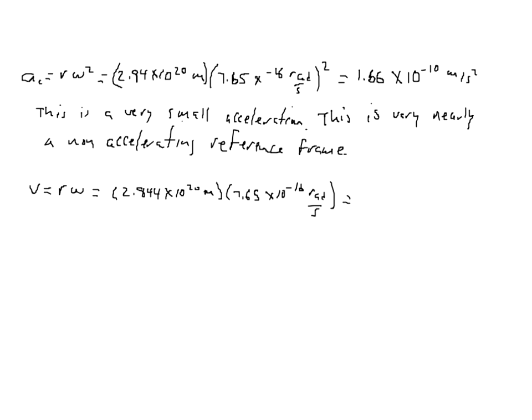But now you can see we've got 10 to the 20th times 10 to the minus 16th. That's actually going to be a large number. So 2.17 times 10 to the 5th meters per second.